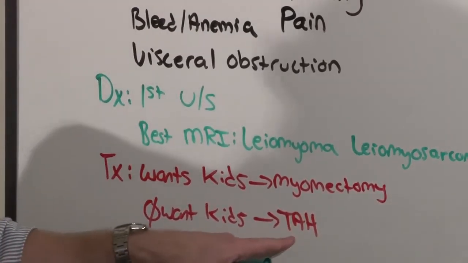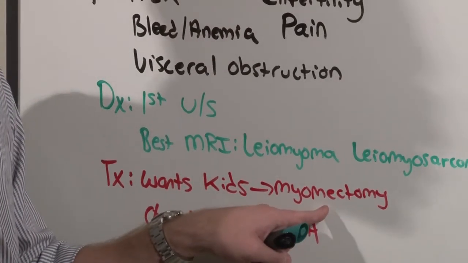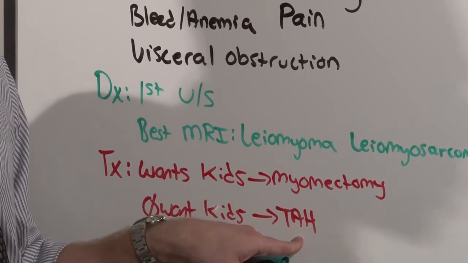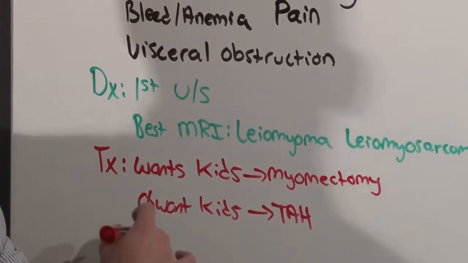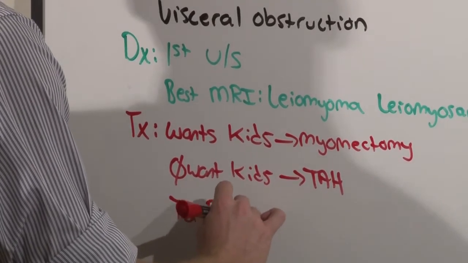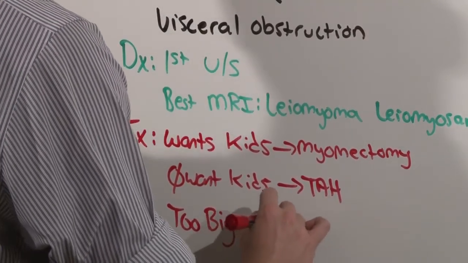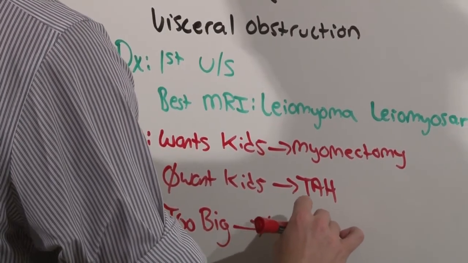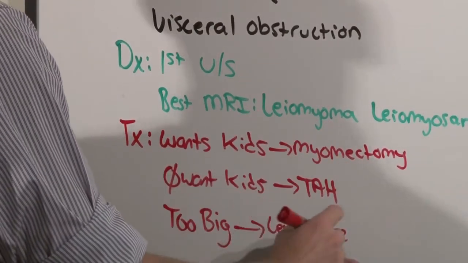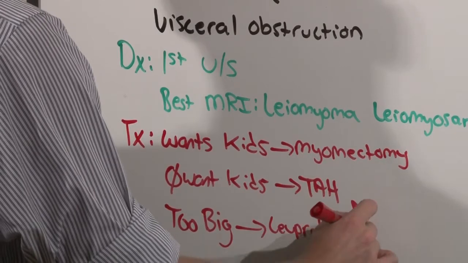It's easier to take the whole uterus out than try to scoop out the individual fibroid, and this way you'll ensure that no additional fibroids can grow. And as a caveat, if it is too big for surgery, because it is estrogen responsive, you can use leuprolide continuously to shut off the axis, have the tumor shrink, and then proceed with either of your surgeries.